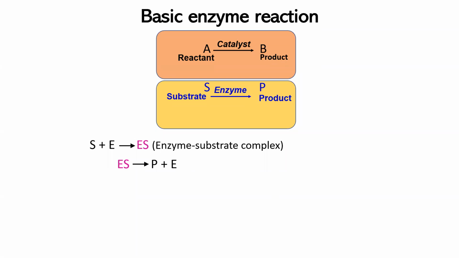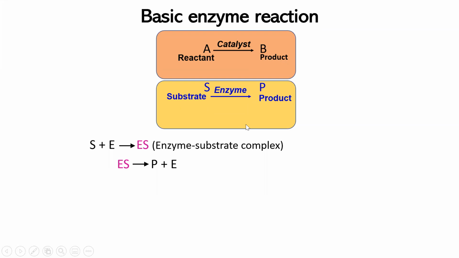We are going to take a brief look, because allied health would use a bunch of enzymes and proteins, and it's important to know how this works. A catalyst will convert a reactant to a product. So does an enzyme. The only thing is the name is different this time. It's called a substrate. Substrate plus enzyme gives a product.